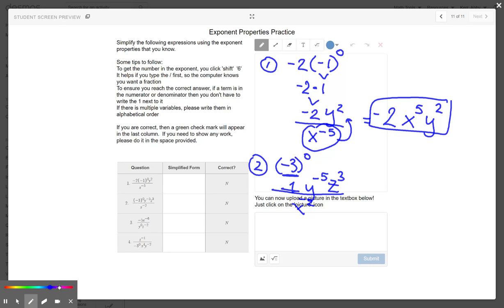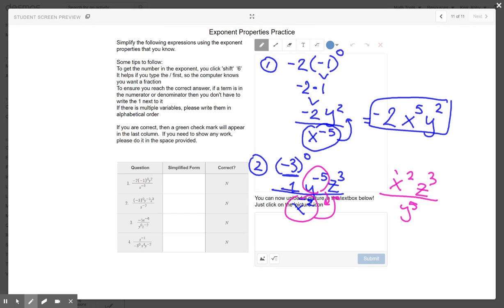Now there are only 2 items here that have negative exponents, so we have to move location. Technically, we don't have to write that 1 anymore, so we're going to write x squared, z to the 3rd, and then y to the 5th, because the only things that needed to move were the x squared and the y to the 5th. X squared is now in the numerator along with the z to the 3rd, and y to the 5th stays.